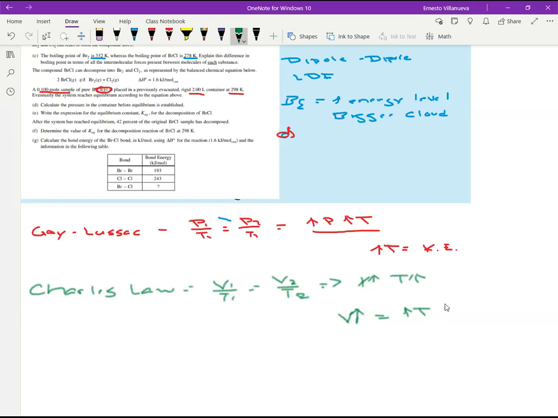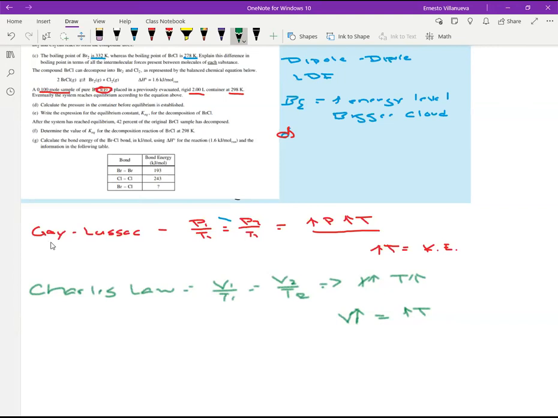So Charles' law says that as you increase the temperature or the kinetic energy, if you want to keep your pressure constant, then you're going to have to expand the space to allow for more movement. So think of it as like a balloon, right? If you want to keep the pressure constant, then you're going to have to make the balloon bigger and bigger in order for it to keep the same pressure.